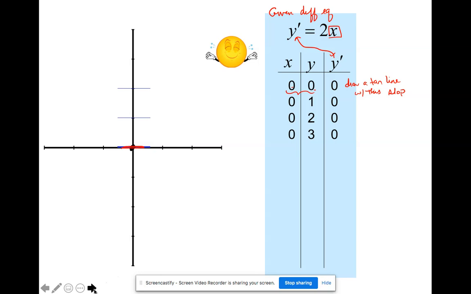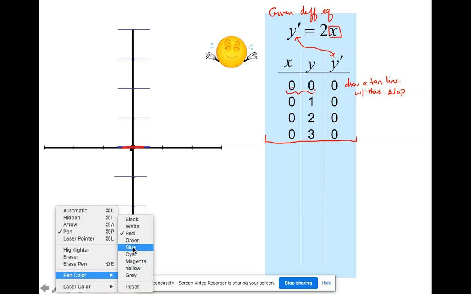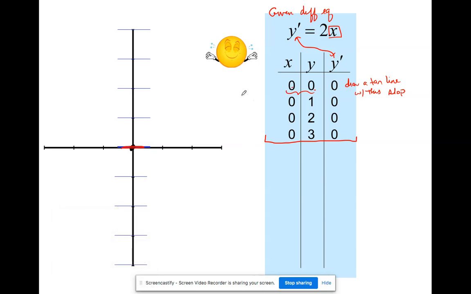Now let's talk about what that would mean if I was asked to interpret. Without writing the rest of these down in my table, can you tell an interpretation would be there are horizontal tangents everywhere x is equal to 0, right?